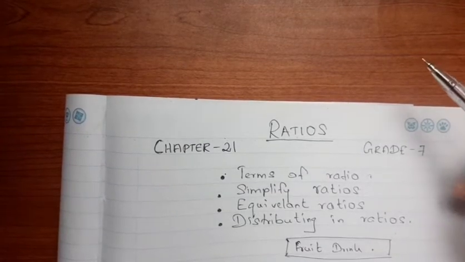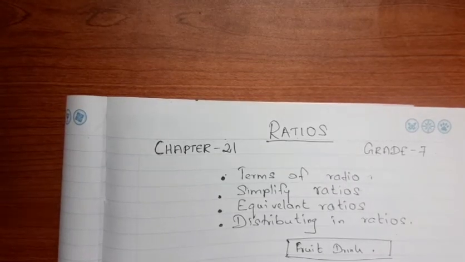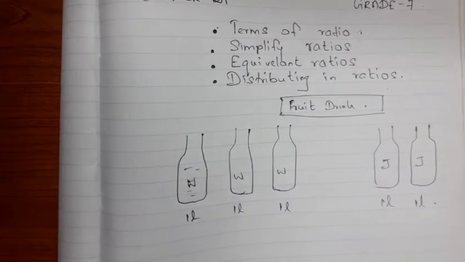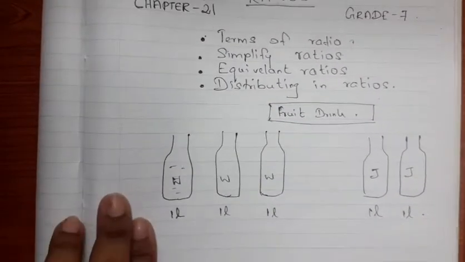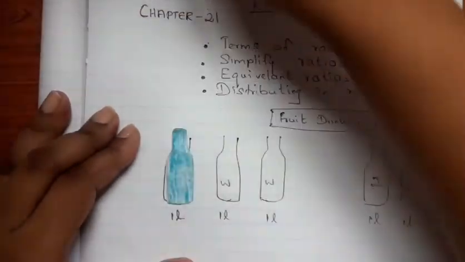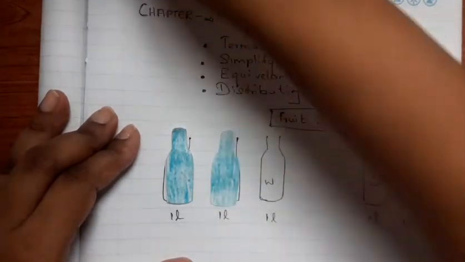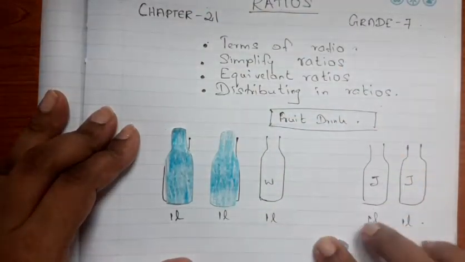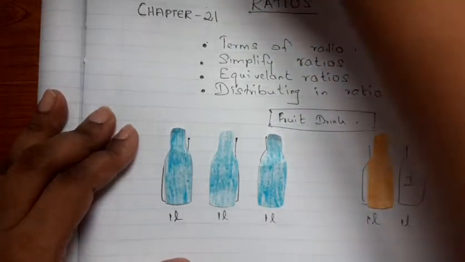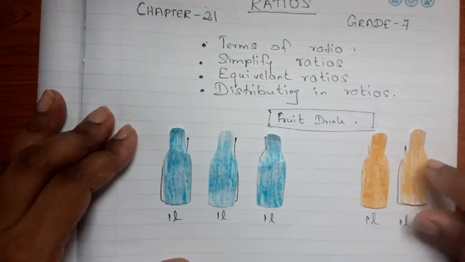So let's move on to the first topic, which is terms of the ratio. In order to explain this, I have illustrated something like this. I have 3 one-liter bottles of water in here, and 2 one-liter bottles of fruit juice.